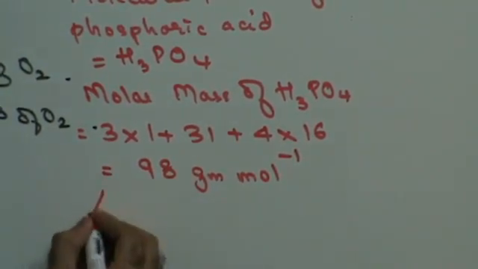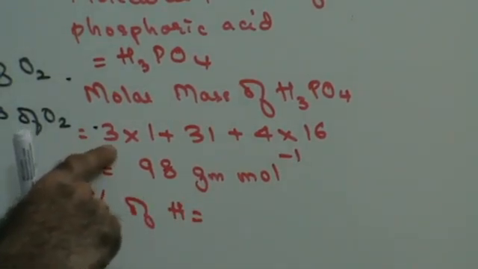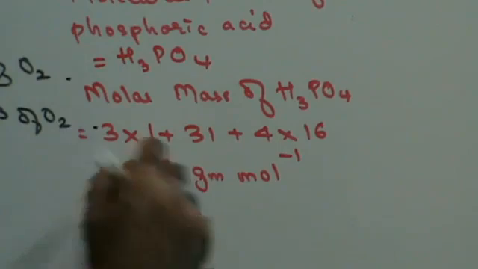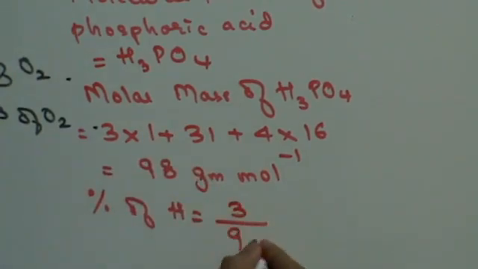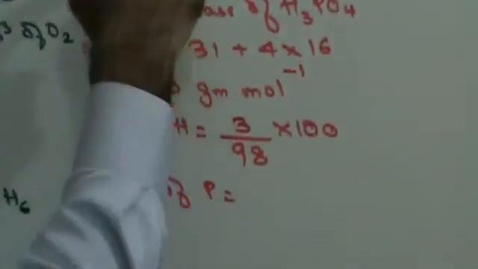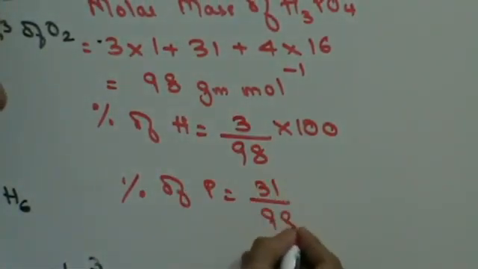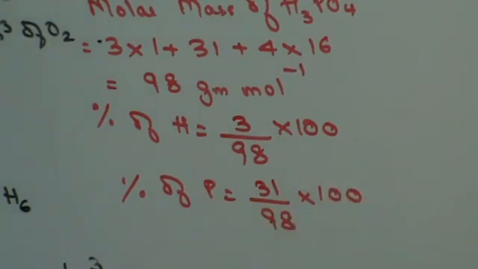Once you have the molar mass, then you can find out the percentage composition. So percentage of hydrogen. Guys, look at this. There are 3 atoms of hydrogen, each is 1, divided by total into 100. Simple, straightforward. Similarly, you can find out percentage of phosphorus. There was 1 atom of phosphorus, so 31 divided by total into 100.